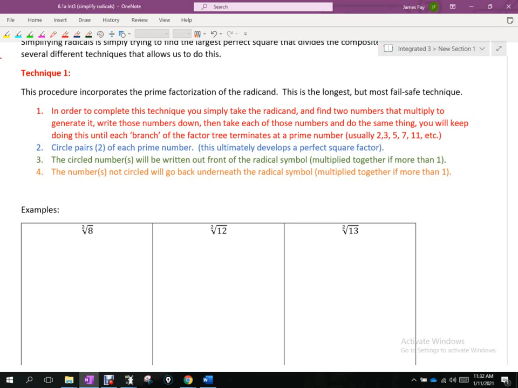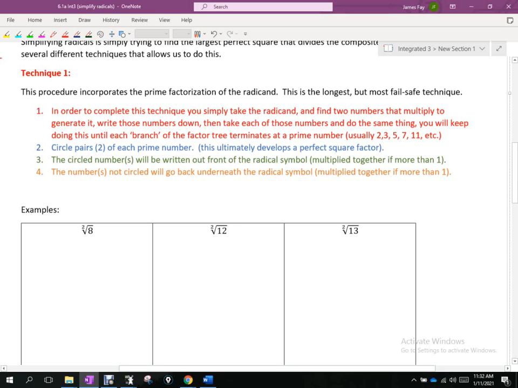Okay? We, right now, are going to do it to where they are prime. So all your branches of your factor tree here in a little bit are going to terminate at prime numbers.